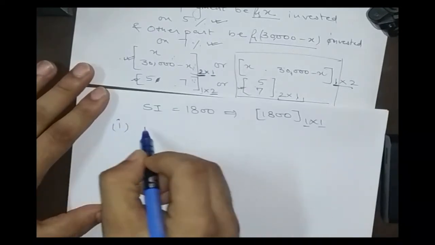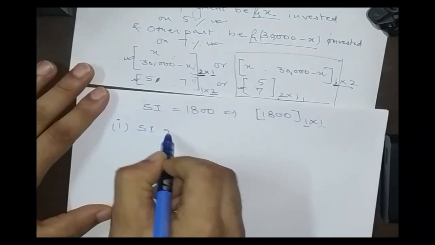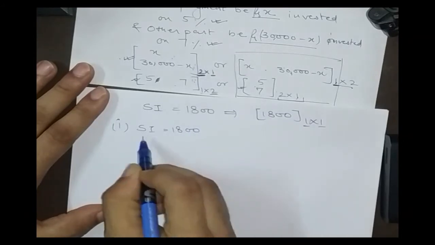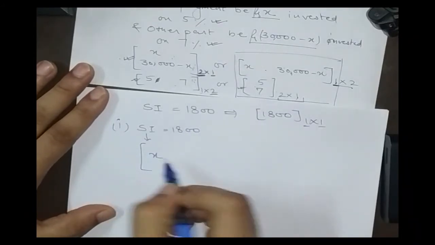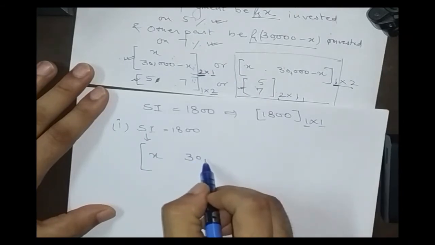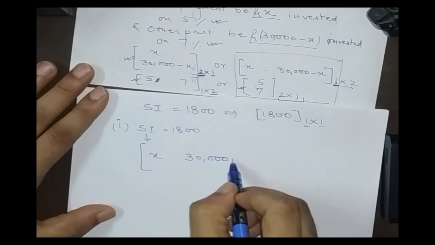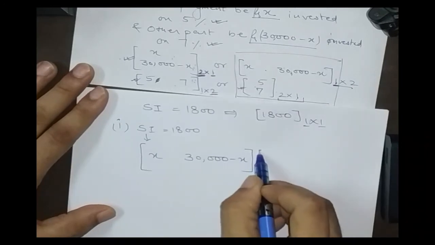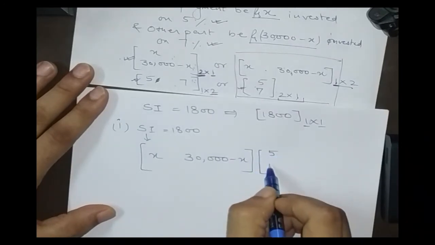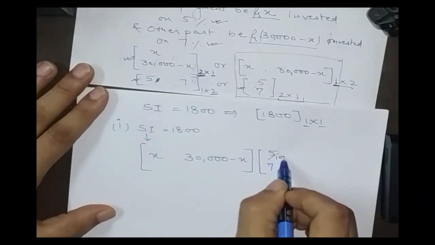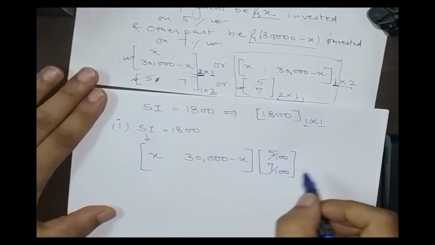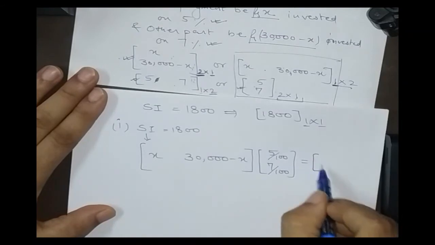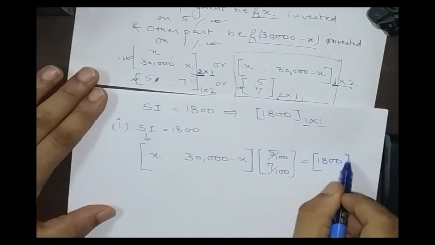For the first part, where SI is 1800, the SI is X, 30,000 minus X, times 5 by 100, 7 by 100, 5%, 7%, should be equal to 1800 rupees.